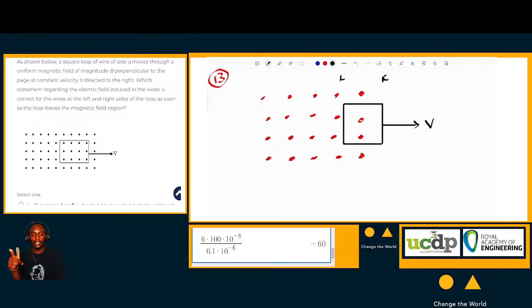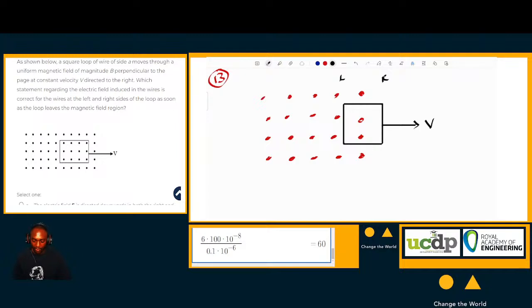The first finger is the magnetic field, using Fleming's left-hand rule. The field is pointing out, and you've got the thumb pointing to the right, which is the force. Then if I do this, I'll realize that the current is actually flowing downwards.